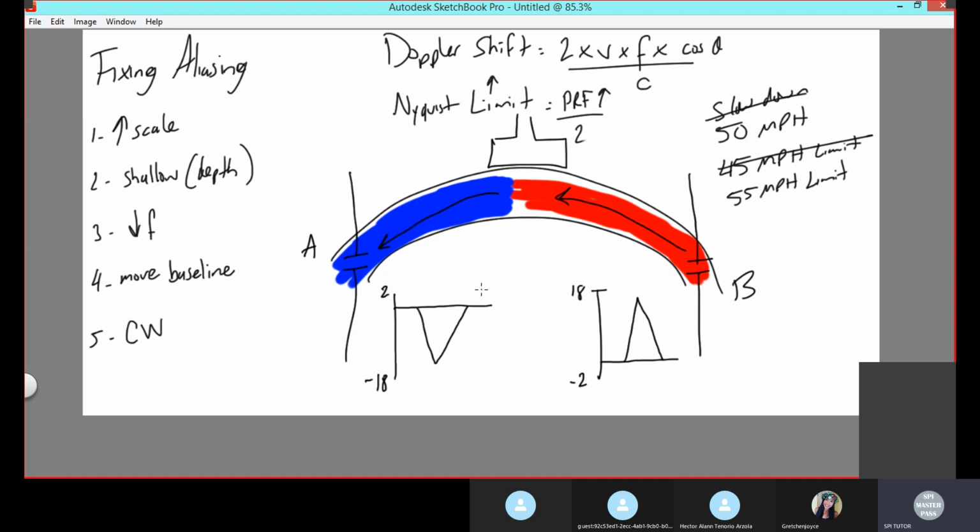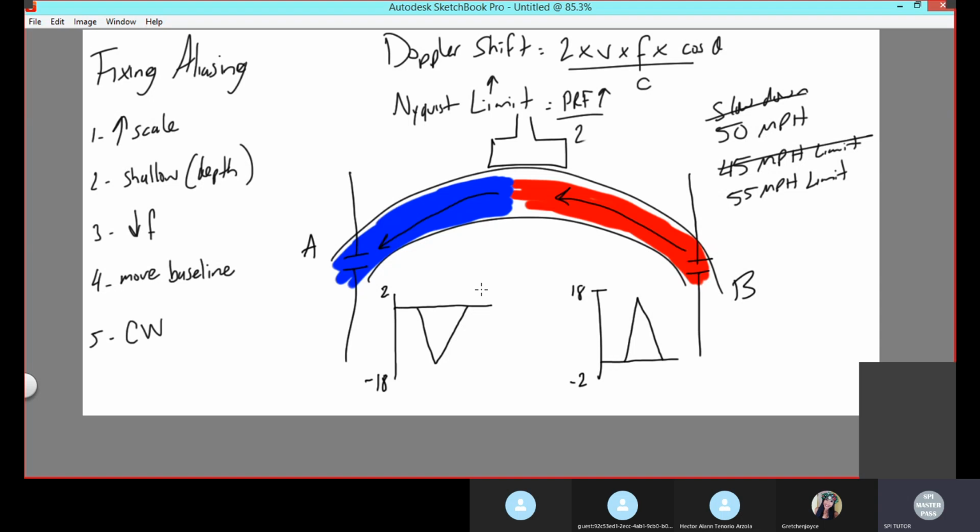Okay. If there is real aliasing, like legitimate aliasing, moving the baseline will not fix it. Okay, it will not. If you create aliasing because you just have it placed wrong, then yeah, you can fix it. All right, so just a point that I want to make.